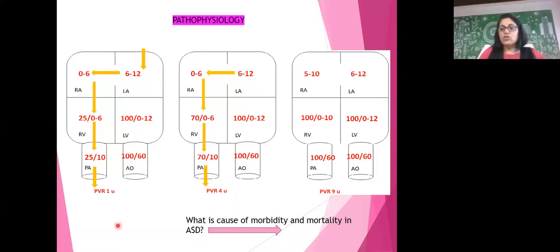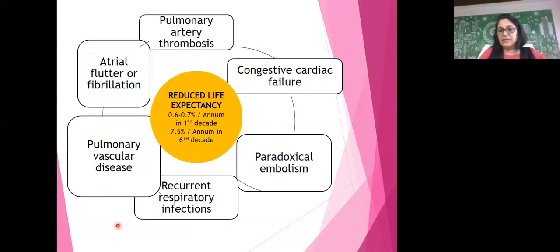So that can lead to brain abscesses. Because of your ASD, you can develop paradoxical emboli. You can have congestive heart failure. Eventually, with the pulmonary hypertension, the right heart will fail. So you can get pulmonary artery thrombosis. So that's why their life expectancy gets reduced.